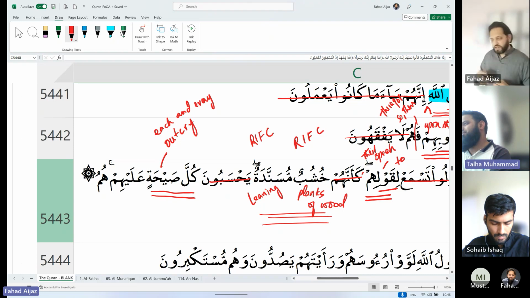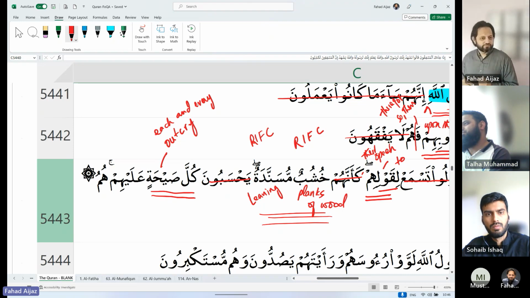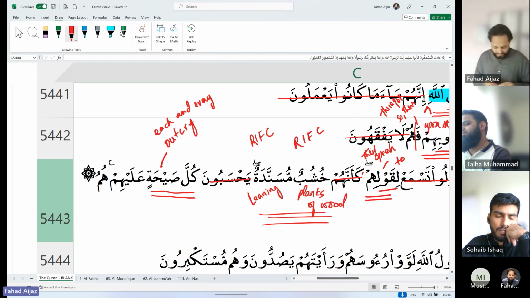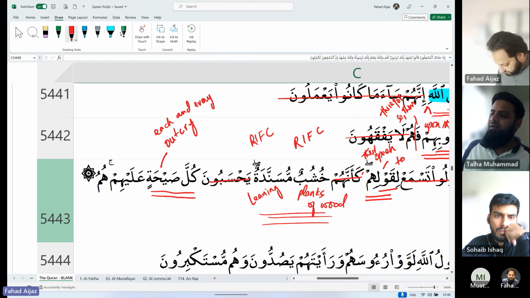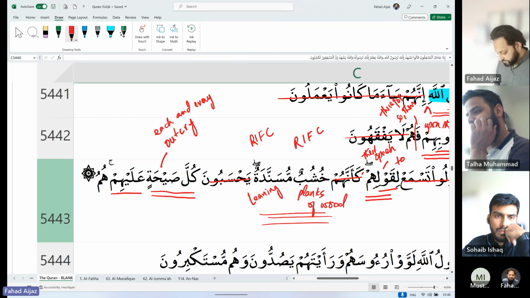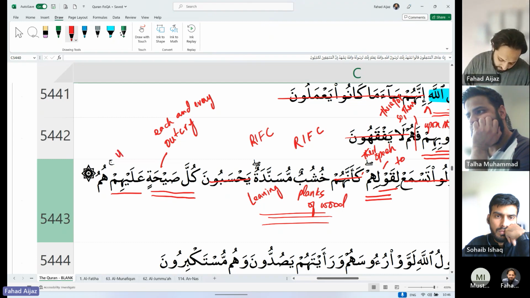Exactly. So there are harfs that make things nasab, and in that case him would be nasab, but in this particular case it's alai, which is the harf of jar. And alai was upon, so it would translate to upon them.